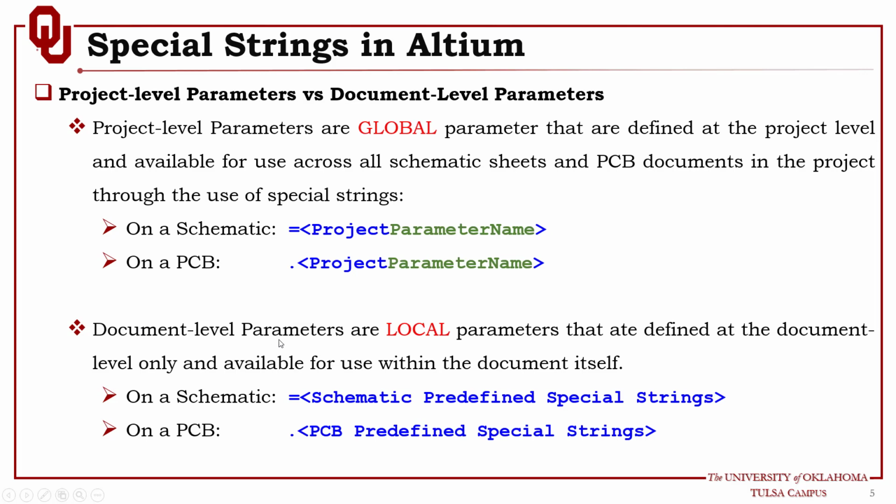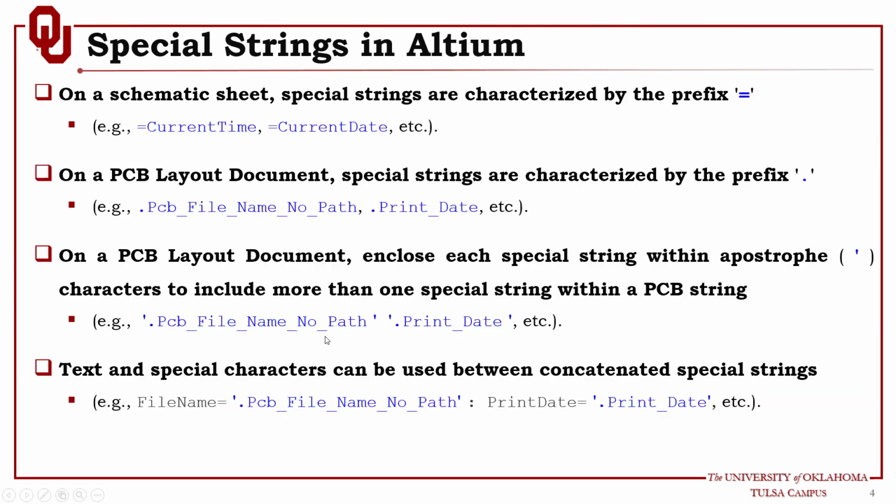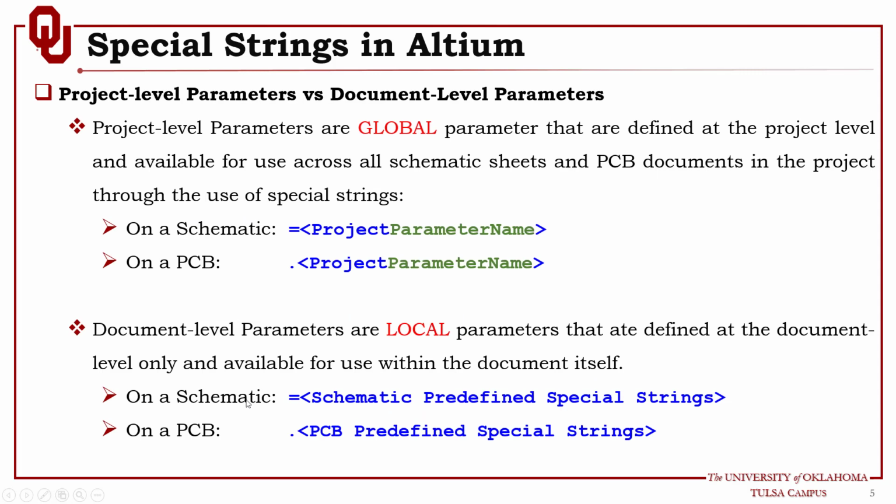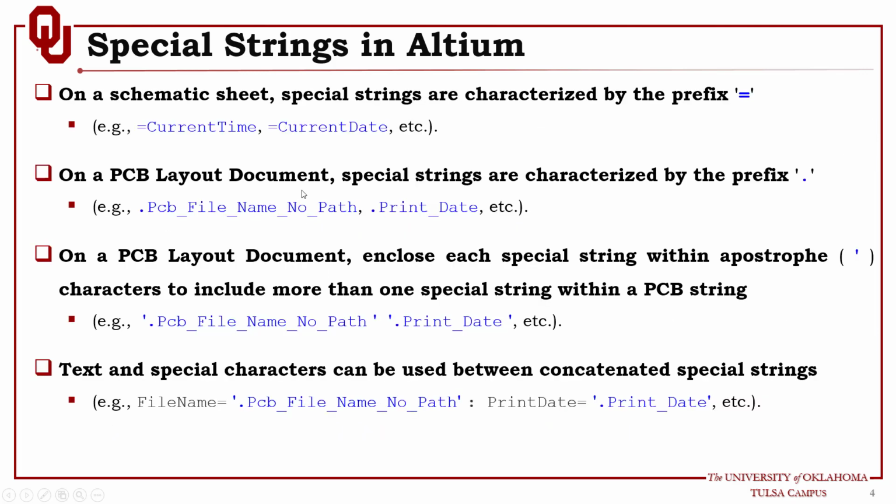Basically, the document level parameters is what we discussed in this slide. Now, for schematic, you can use the schematic predefined special strings, and these are document level parameters for schematic. Now, for PCB, you can use the PCB predefined special strings, and again, these are local parameters or document level parameters defined for PCB, and the same thing exactly as before.